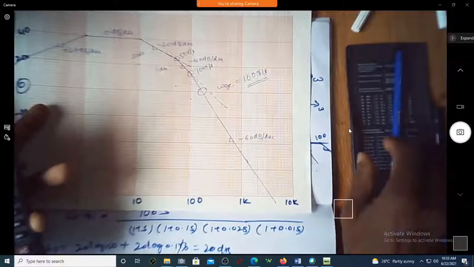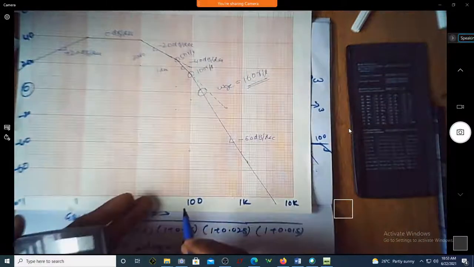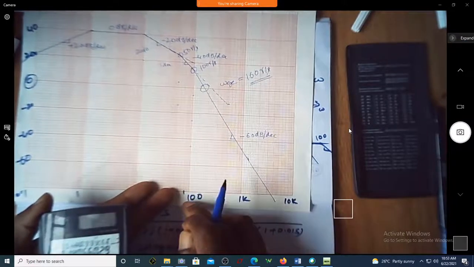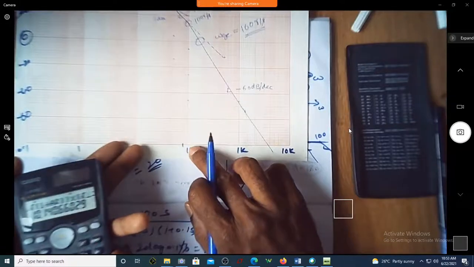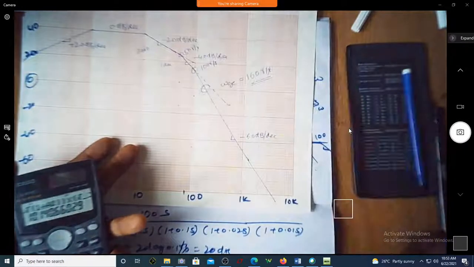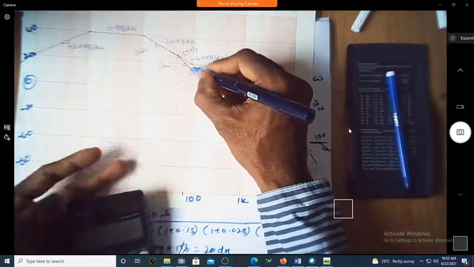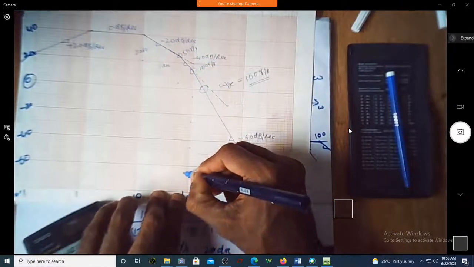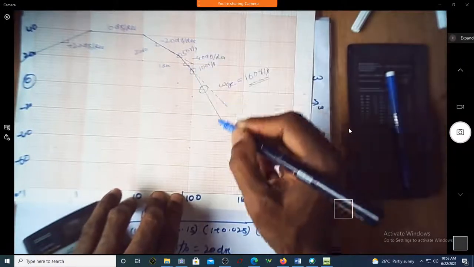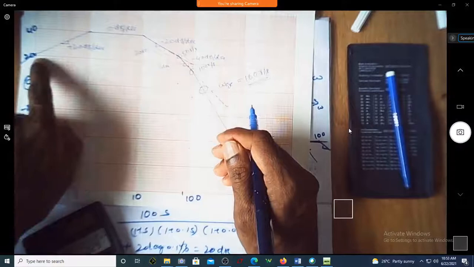It is 81.56. What is this here? This is 80, no? 90, 80. So at 80, what is the magnitude? Is the magnitude somewhere here? Yes, sir. This is the magnitude. Is that magnitude almost 18 dB?